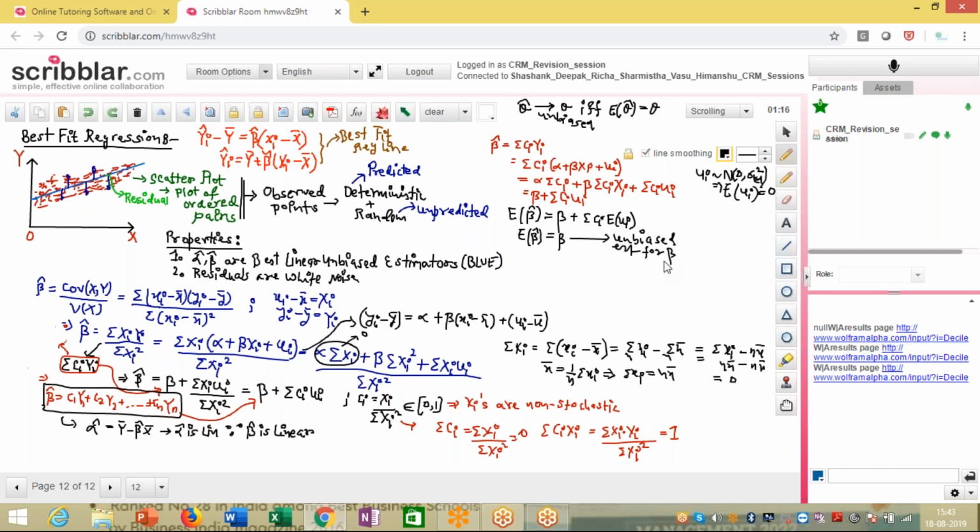You have already computed a mean for beta. What it means is that there have been multiple random samples for which beta hats are there. Now you have taken a mean of those beta hats, and you're trying to check whether, if you do repeated sampling and check the expected value of the beta hat, you reach beta or not. So over here you see that the expected value of beta hat is equal to beta.